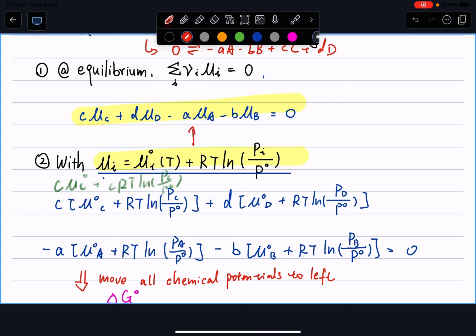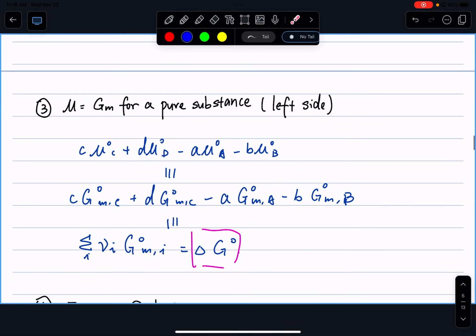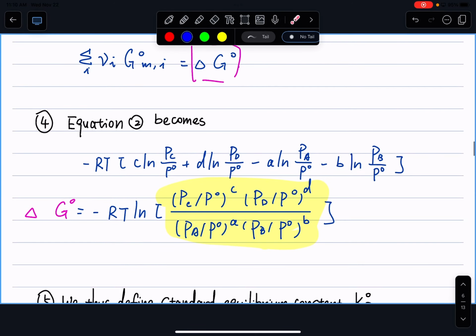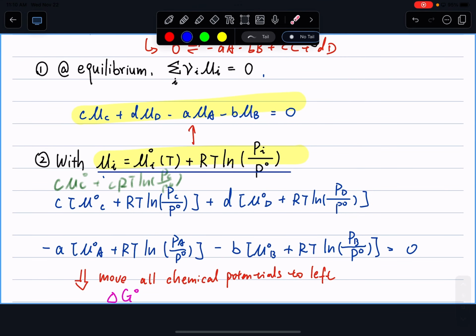And by doing that for every term in there, we end up having the expression as following. So by plugging the number here, what we have is each of my mu C equals this mu C naught plus RT ln PC over P naught. And the same applies for every other ingredient in your pot.